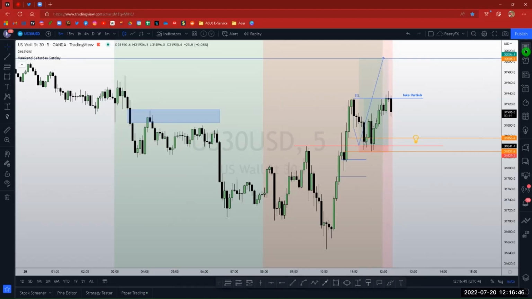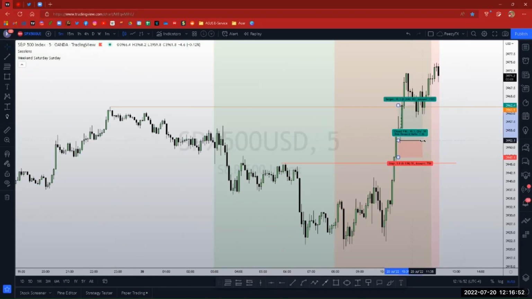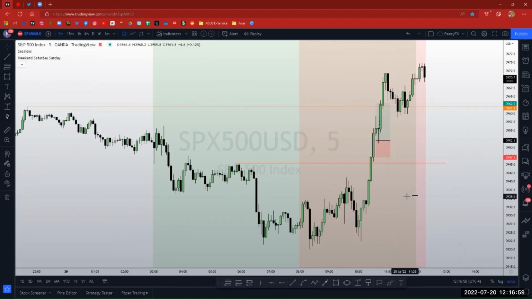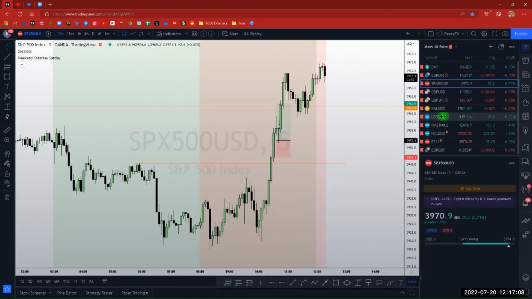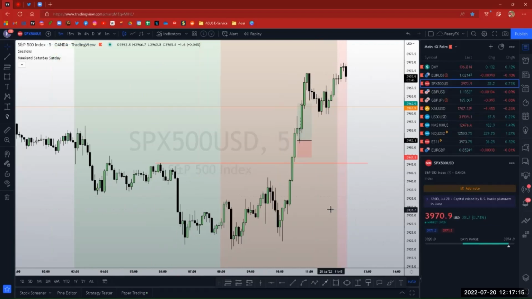Like earlier with SPX, look what it did. I sit here and watch this play out, yo. It was actually SPX. So a while ago when I said US 30, that wasn't the one I traded right here. It was SPX 500. So my apologies for that.